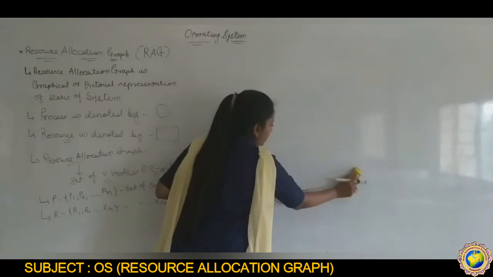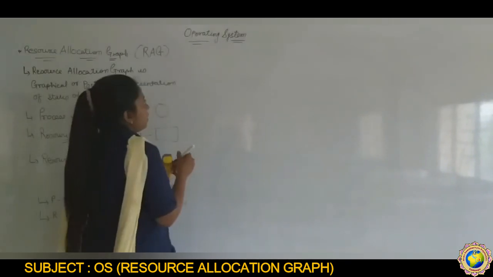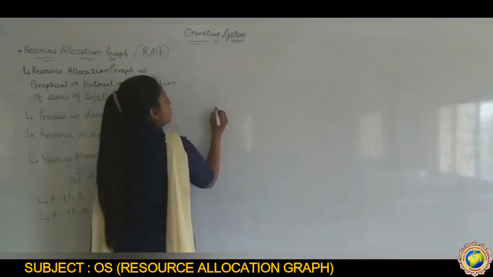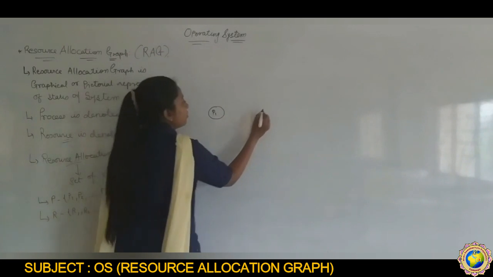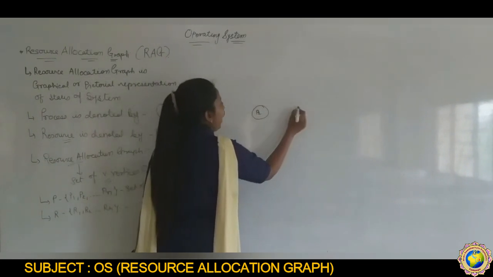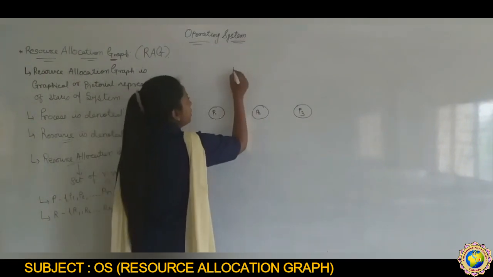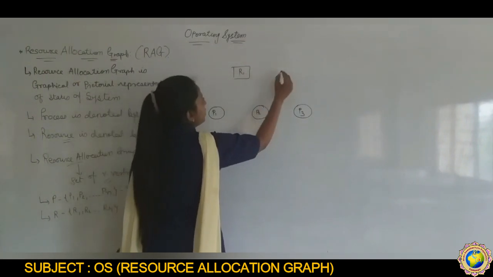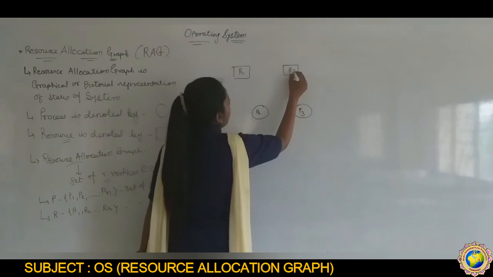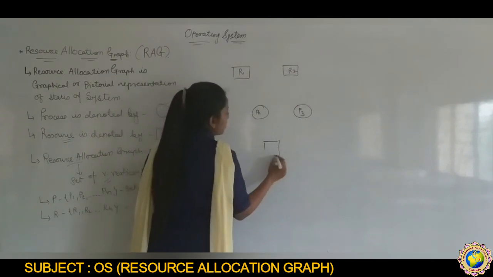For example, let's see P1, P2 and P3 processes are there, and here R1, R2 and R3 resources are there.